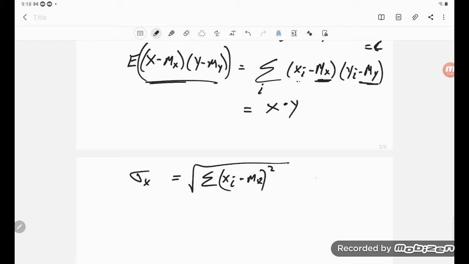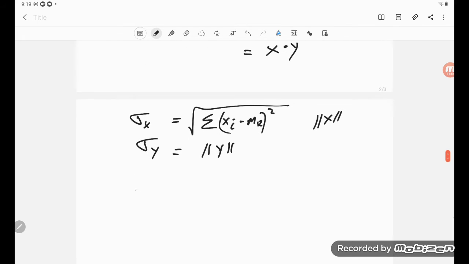Well, that looks a lot like the magnitude of a vector x. Similarly, sigma y looks a lot like the magnitude of a vector y. And so when you look at that correlation coefficient, you're sort of looking at x dot y over the magnitude of x, magnitude of y.